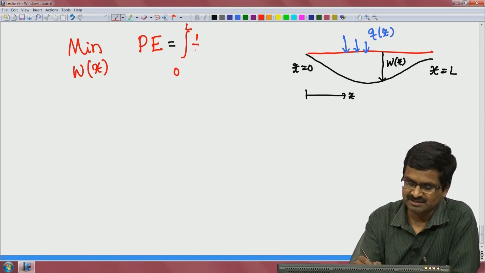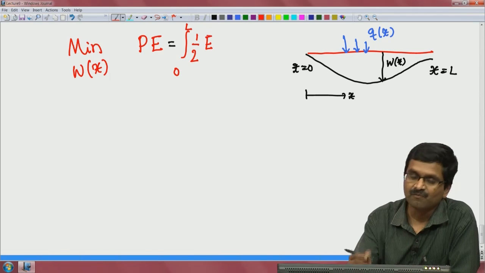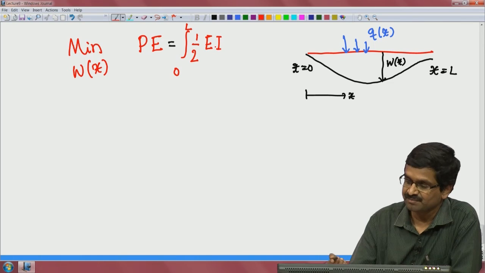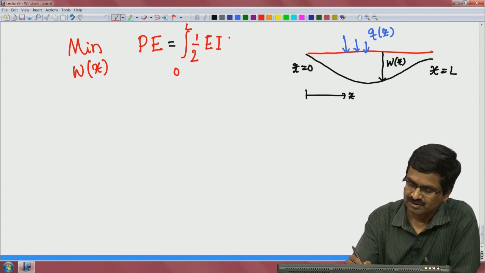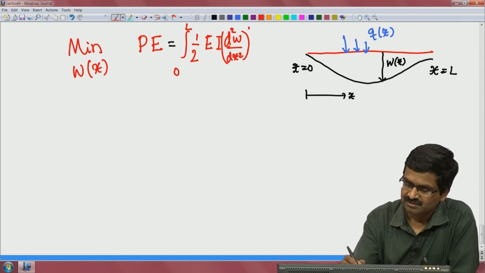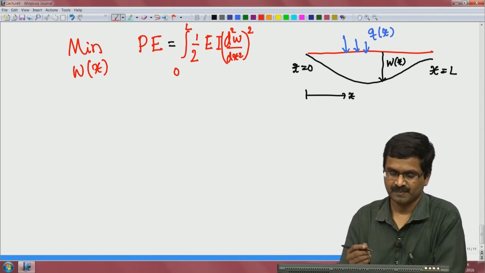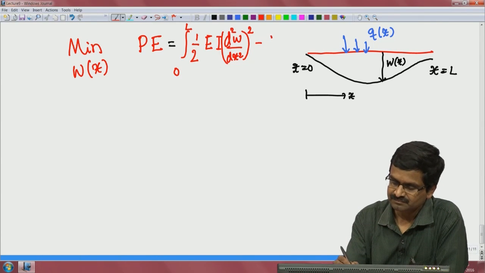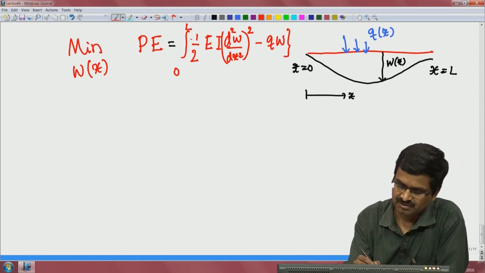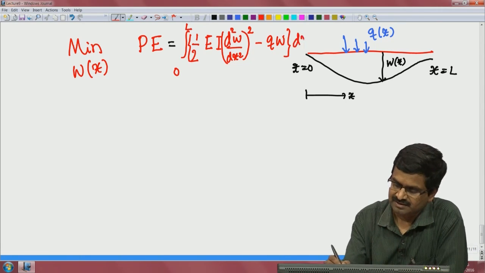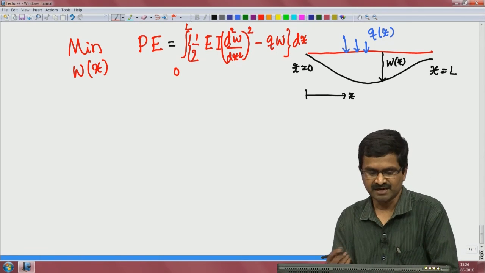So, potential energy here can be written as half, integral of E I, where E is Young's modulus and I is the second moment of area for the beam, into (d square W by dx square) whole square, minus q of x times W, dx. Okay. That is the potential energy.